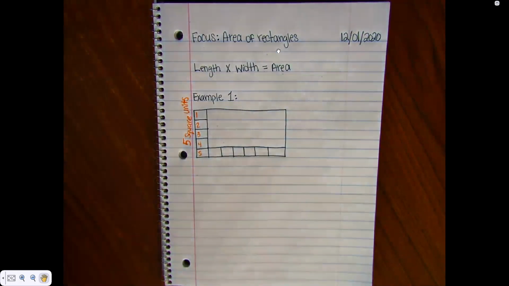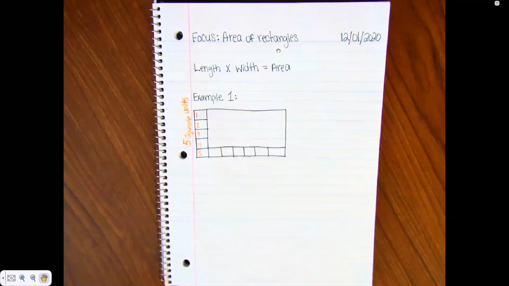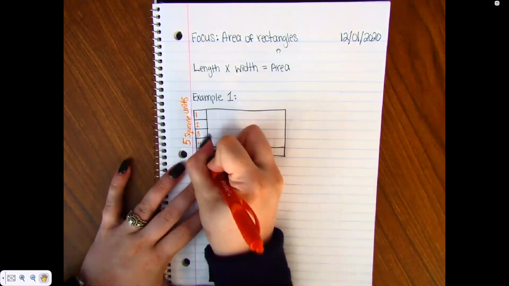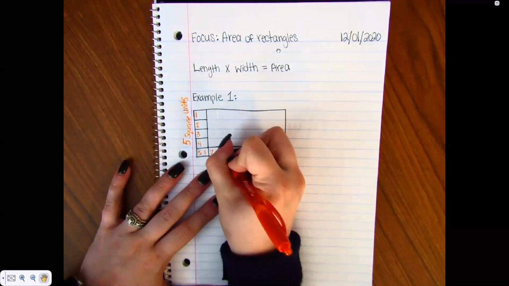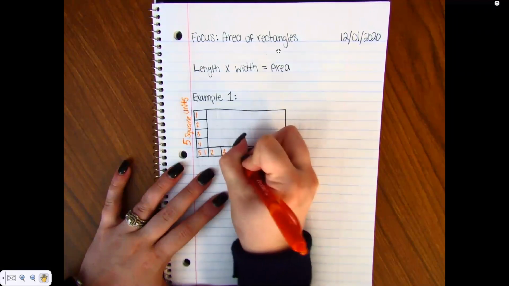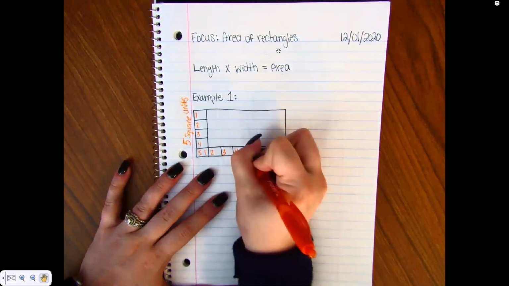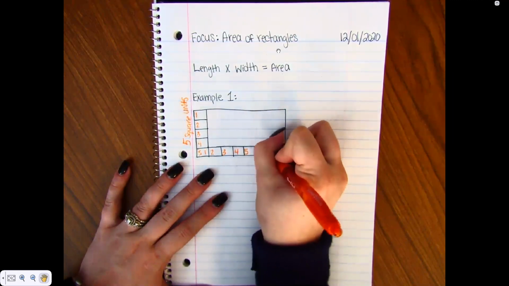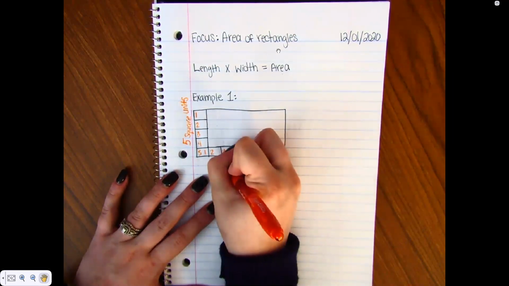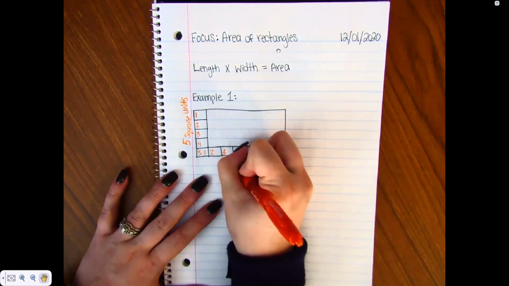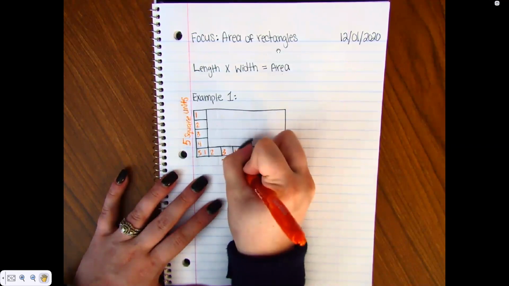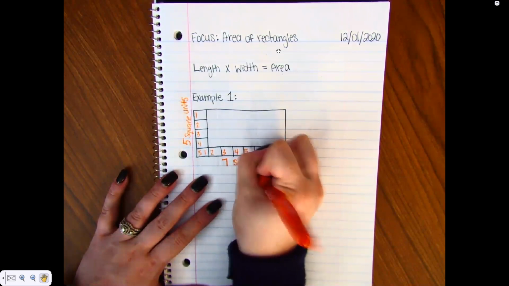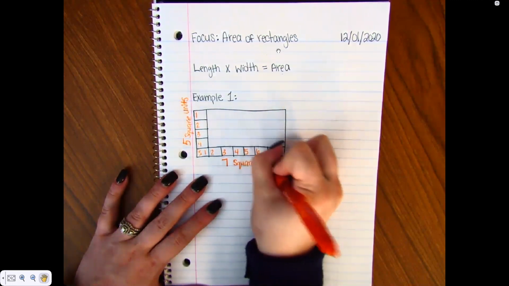Okay, so I have 5 for my length. And then I'm going to have 1, 2, 3, 4, 5, 6, 7. So this is 7 square units.